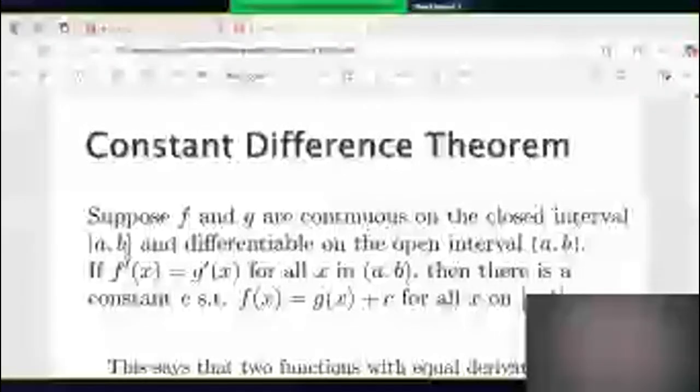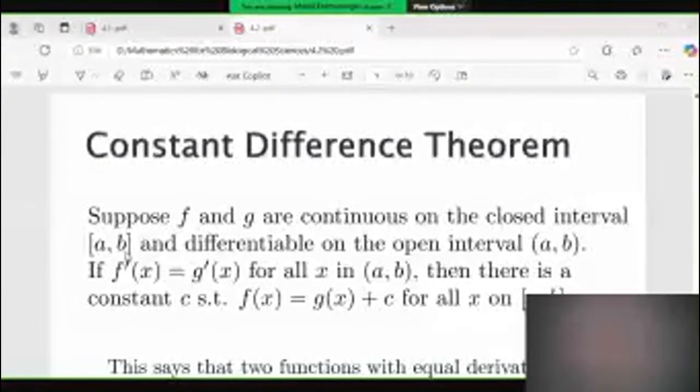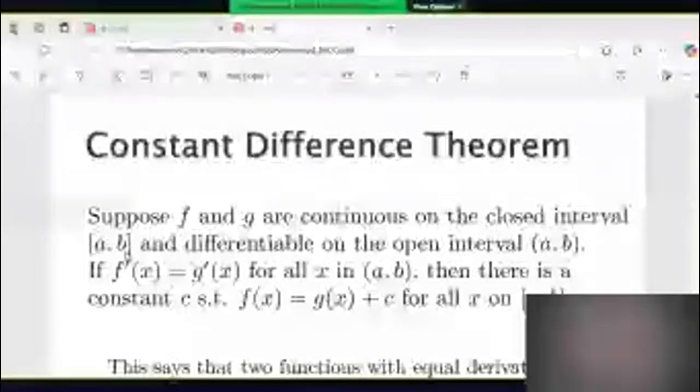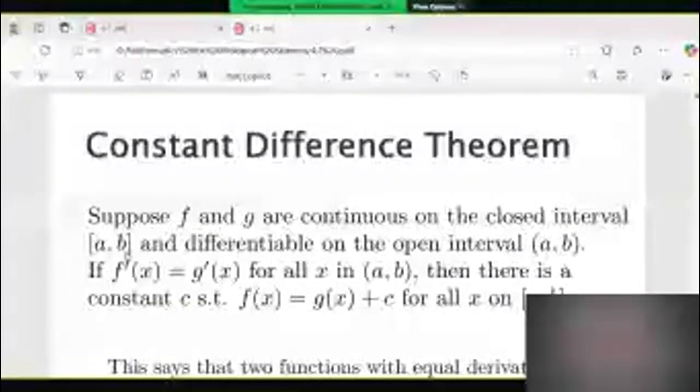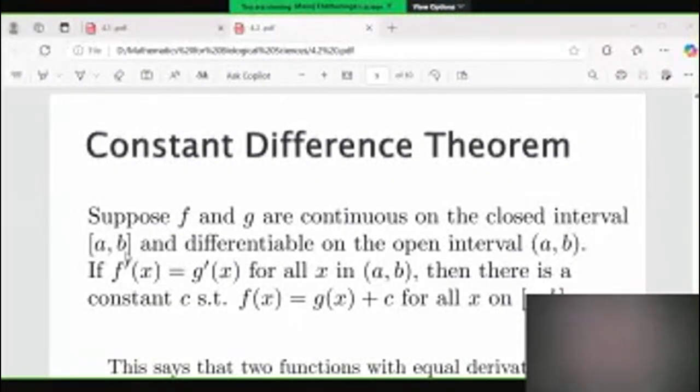If two functions share the same derivative, that means at every x value, the tangent line for f at x is parallel to the tangent line for g at x. So at every point, they have these parallel tangent lines. For different x values, these derivatives will be different, but both functions have the same derivative.